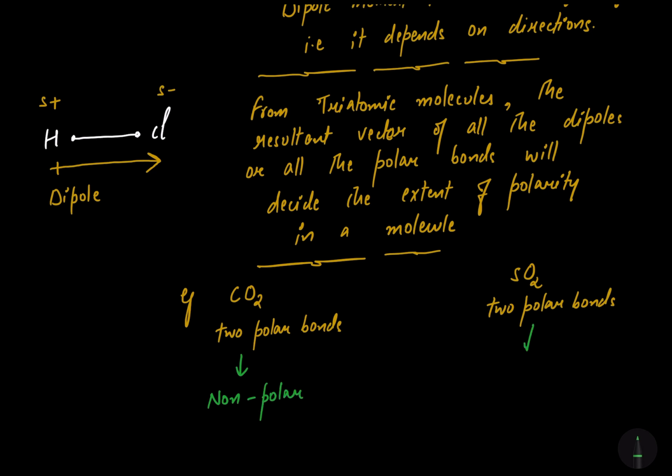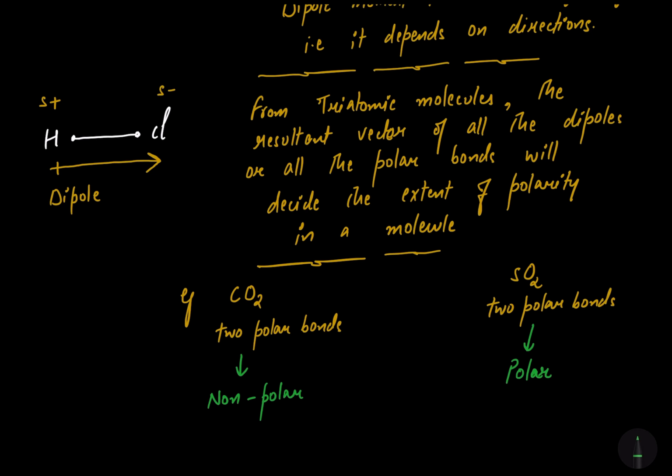But SO2 molecule is polar. Because in case of carbon dioxide, the resultant vector of all the polar bonds or all the dipoles comes out to be 0, whereas in case of sulfur dioxide we got the resultant vector greater than 0. So sulfur dioxide is polar, whereas carbon dioxide is non-polar.